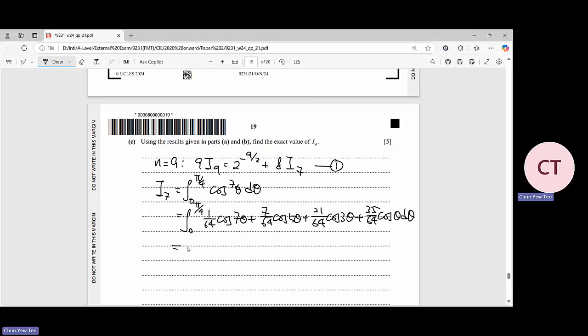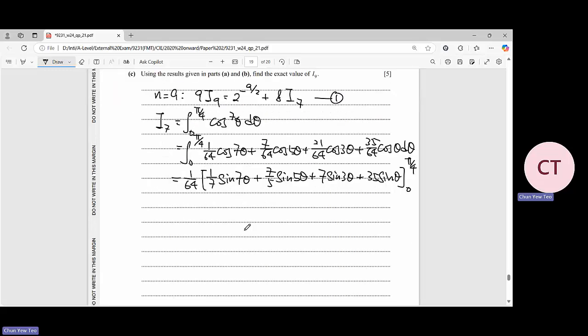Just directly apply the result in part A. Now if you integrate it, I just take the 1 over 64 out to make the integration easier. So you get 1 over 7 sin 7θ plus 7 over 5 sin 5θ plus 21 over 3, which is 7, sin 3θ plus 35 sin θ, from 0 to π over 4.